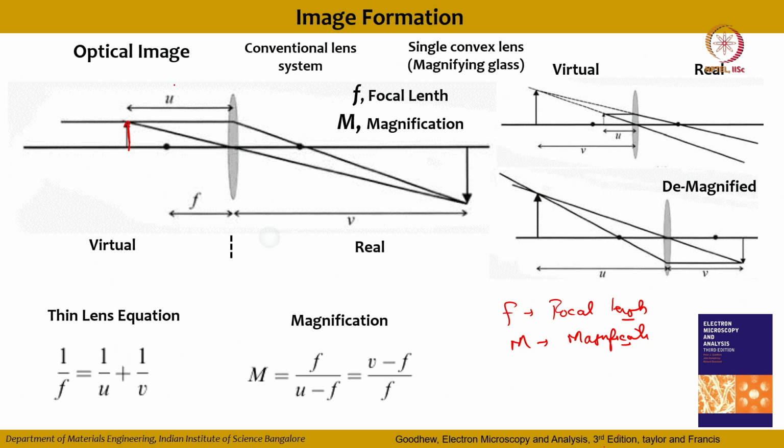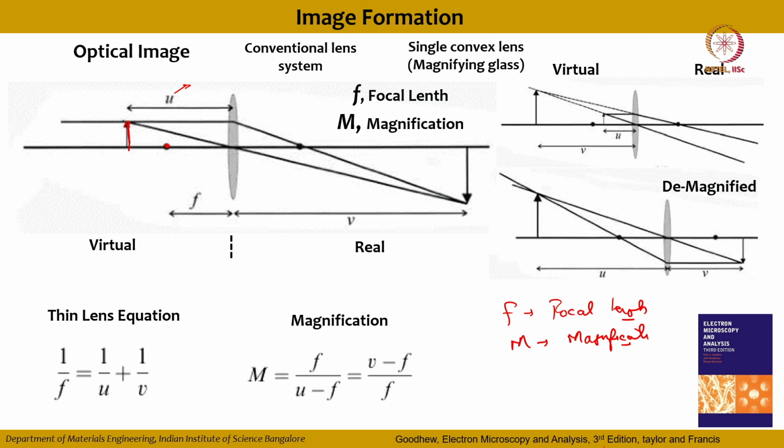Here u is the distance between the lens and the object, and this black dot is related to the focal point of that particular lens, and based on the position of the object relative to the focal point, you can see three types of images, three types of conditions.